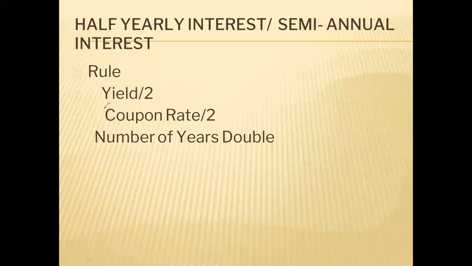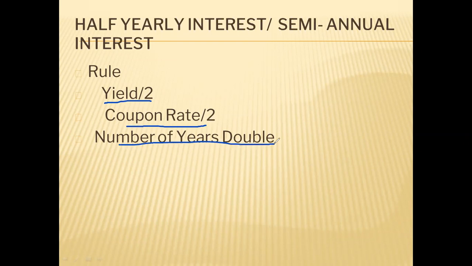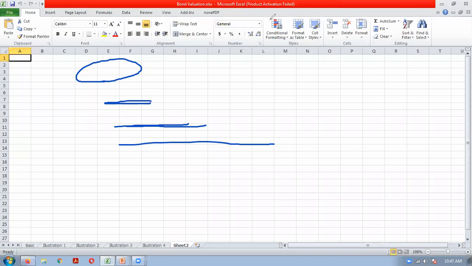What rule? You should divide the yield by 2, divide the coupon rate by 2, and double the number of years. Then you should solve the question in a similar manner. Yield divided by 2, coupon rate divided by 2, number of years doubled. Let us see how we will calculate the value of the debentures with this rule.